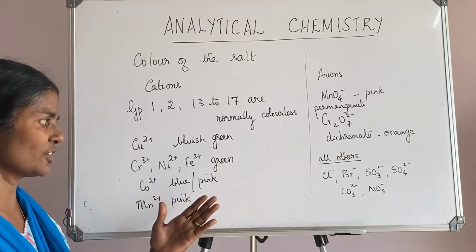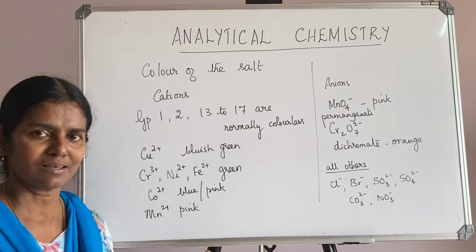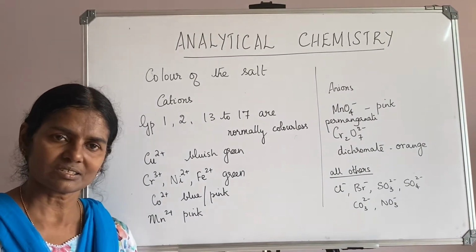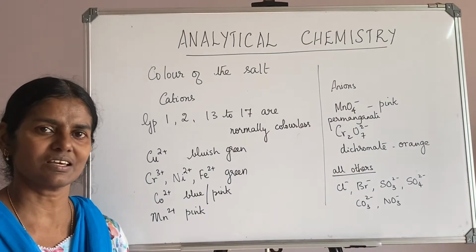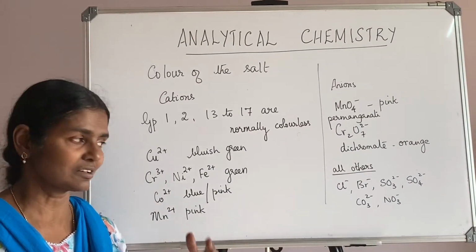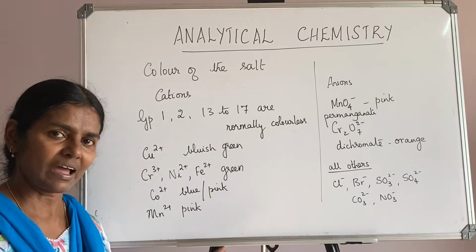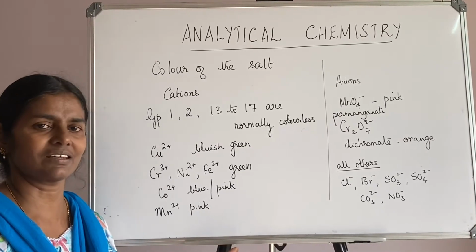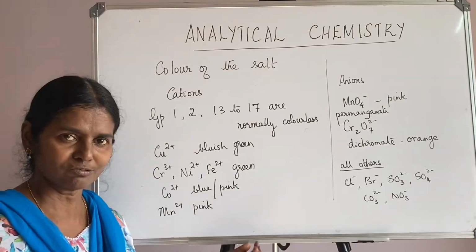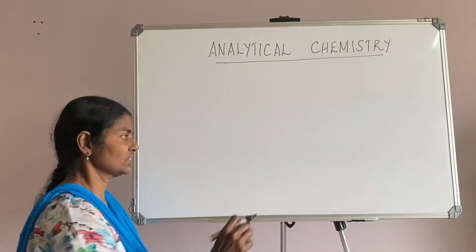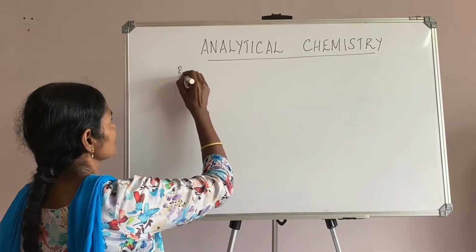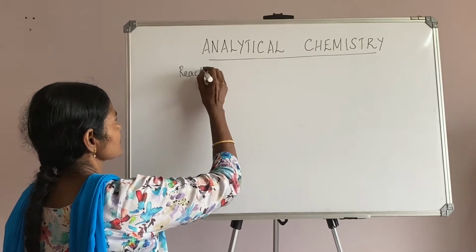Now we move on into the next step of analysis. We are going to use sodium hydroxide and ammonium hydroxide, and we are going to see the different colored precipitates that we are going to get when they are added in just a little and then in excess. Here we go. Now we move on to the reaction of salts with two reagents.